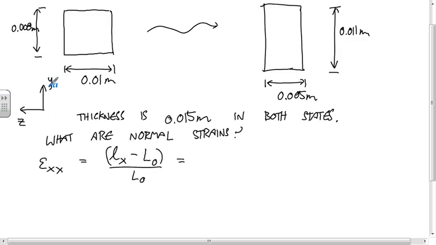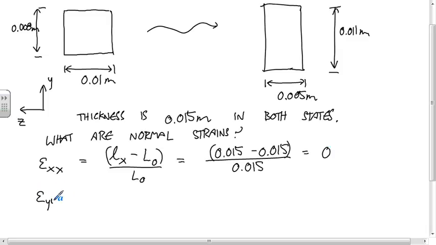Yeah, that's right. So the x direction is the one where the length doesn't change, right? The x-axis is pointing out of the page, and so if you take that measurement along that axis into and out of the page, that's where you have 0.015 meters before and after, okay? So we have 0.015 minus 0.015 divided by 0.015, so you get 0.